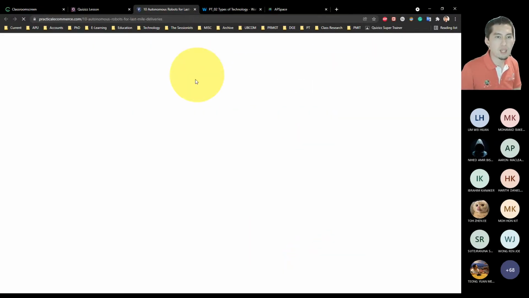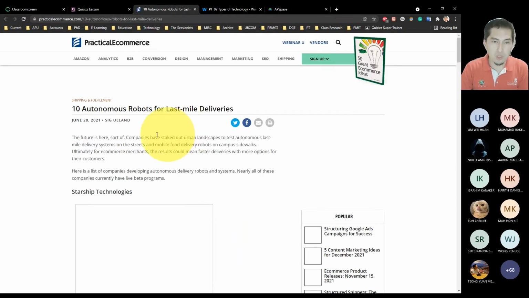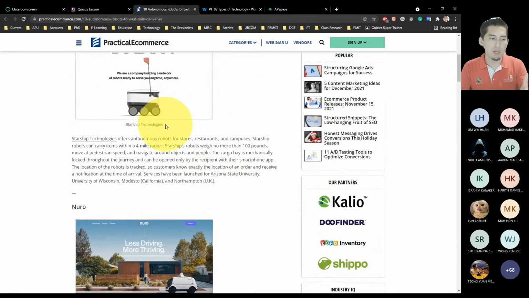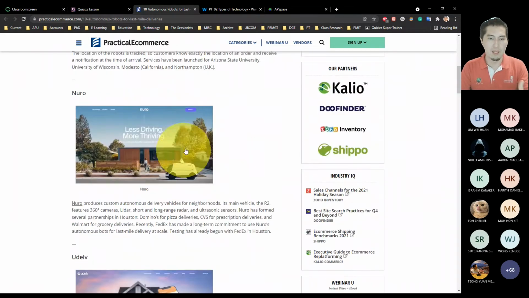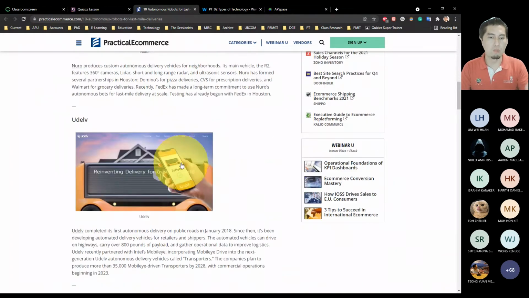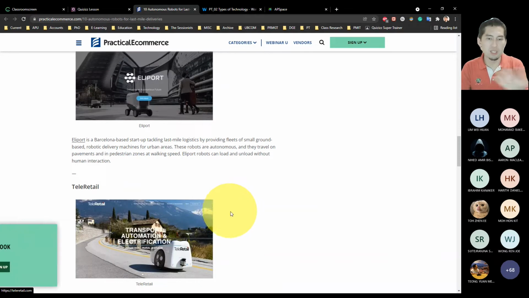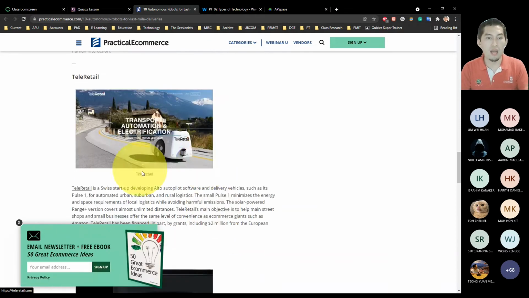So I've given a link for you to check out 10 different autonomous robots for last mile deliveries. You will notice that when it comes to their shape and what they actually do, the focus obviously is on products, right? Delivering packages and things like that. Some are not just within a manufacturing plant anymore.